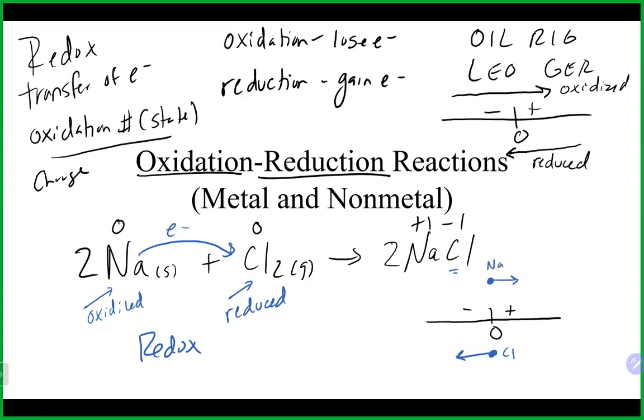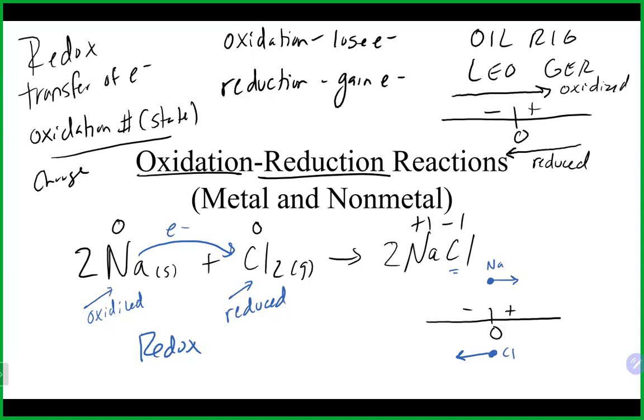So metals should always be the one being oxidized in this situation, and nonmetals are always the ones that gain electrons and become negatively charged anions. So whenever you have a metal and nonmetal coming together like this, the oxidized guy is going to be the metal, and the nonmetal will always be the one being reduced because it's going to be the one gaining those electrons. Any questions on that there?